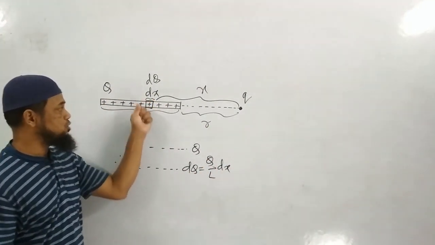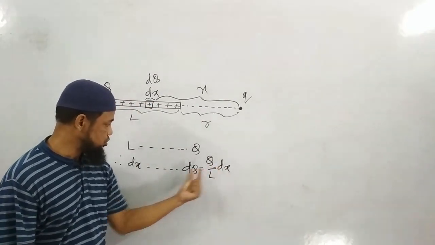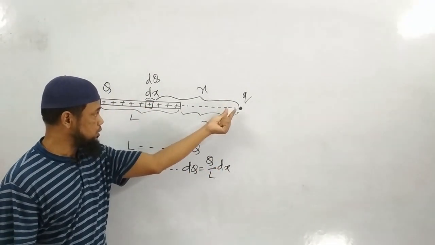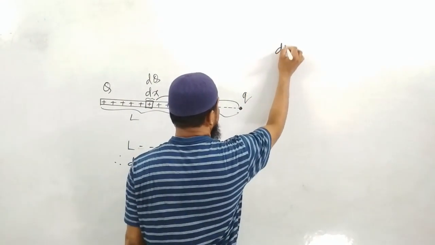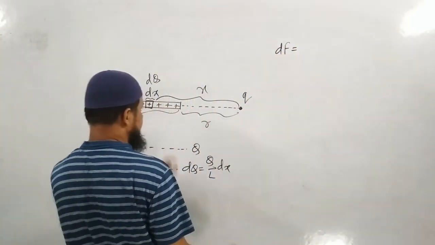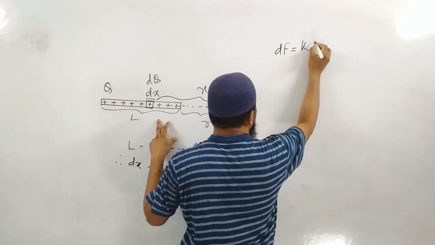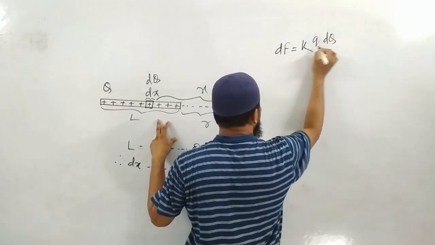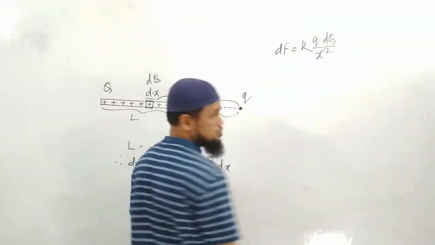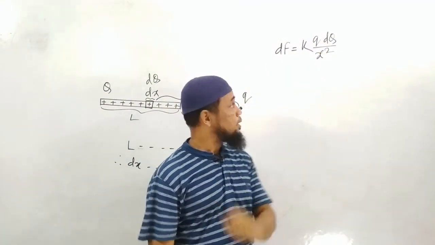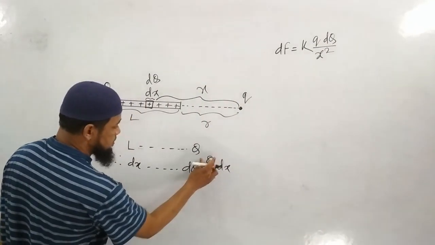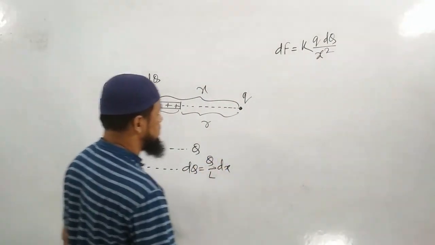So we have a point charge out here. How much is the point charge? dq. So the force between these two charges will become how much? Let me call it dF. dF is what? K q1 q2 by distance square. So now let us replace dq by this particular part.